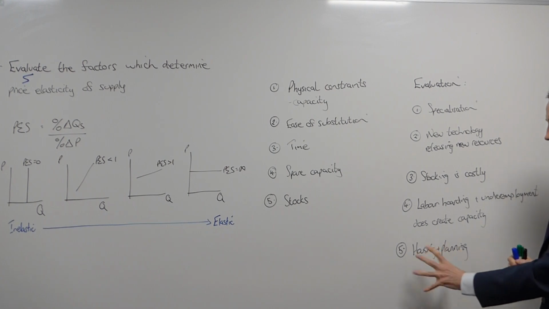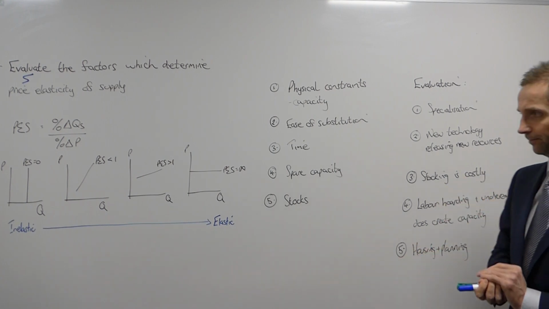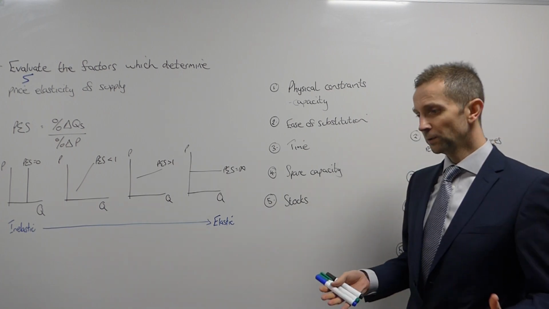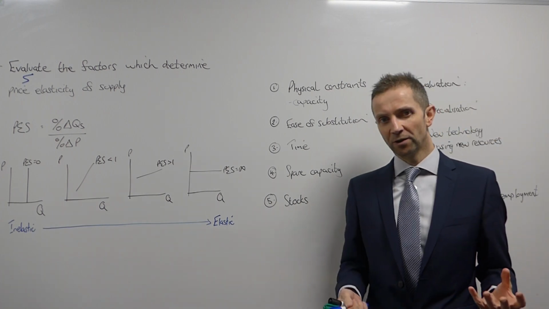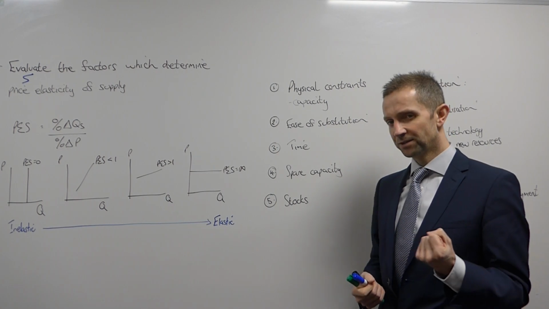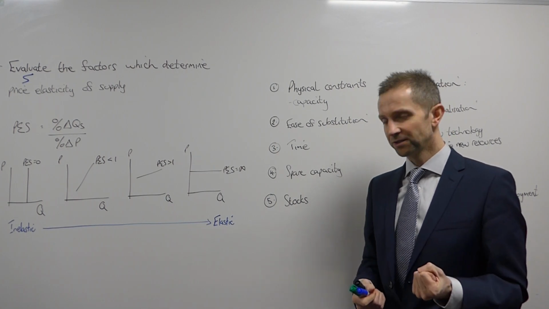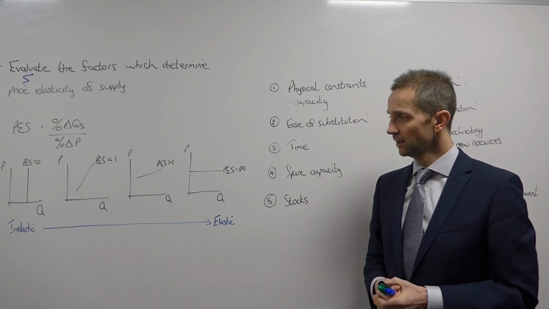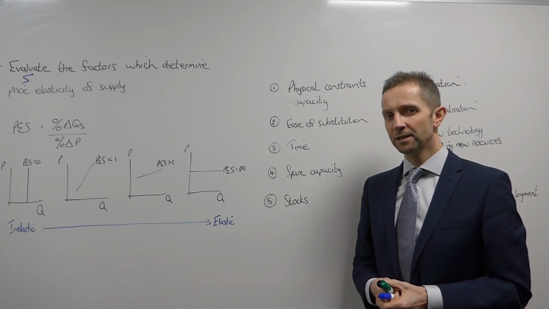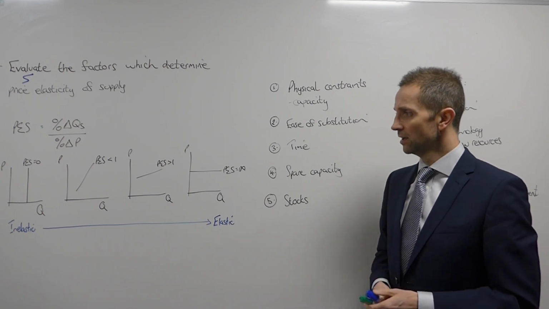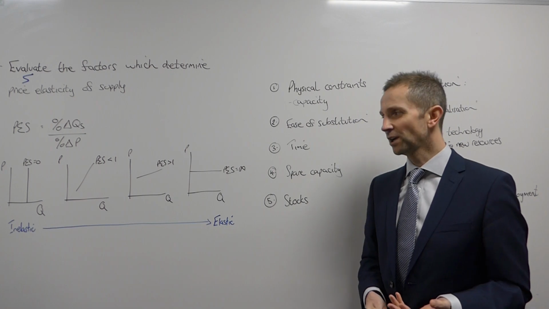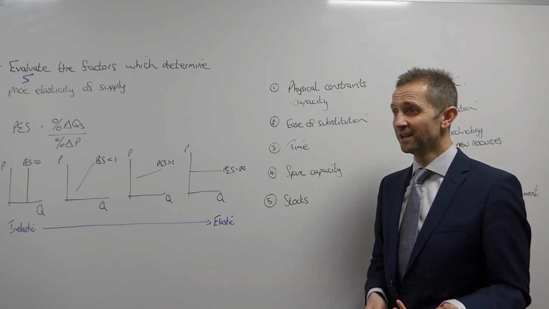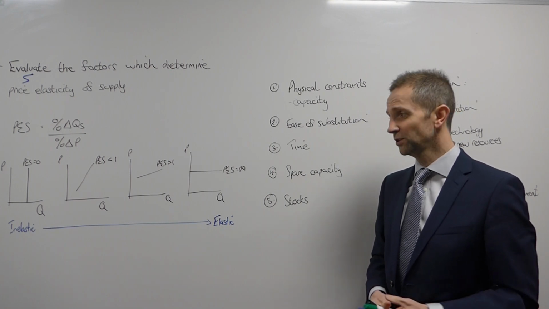And then finally, a final one here, and as I said, this is not finite: housing and planning. We know in the UK there's a great shortage of housing. We know that there is a bit of an impetus to try and get behind house building, but we also know that in the most recent budget, the plans for house building projects were in the hundreds of thousands, and that's nowhere near sufficient.